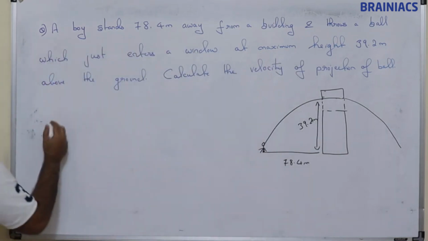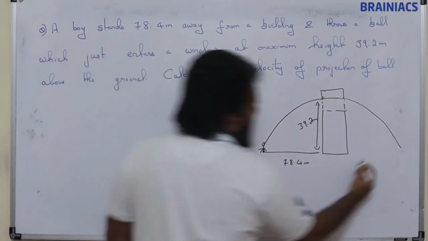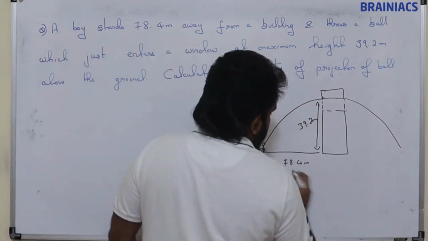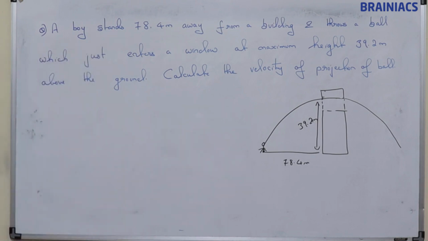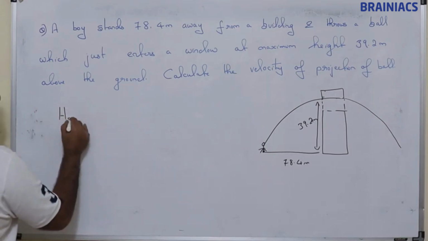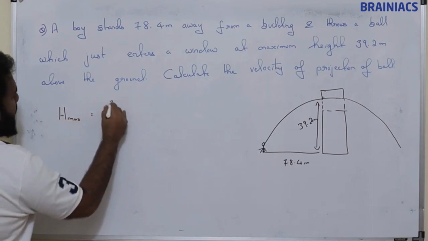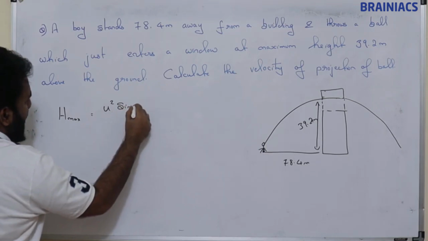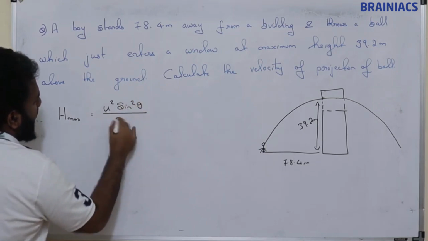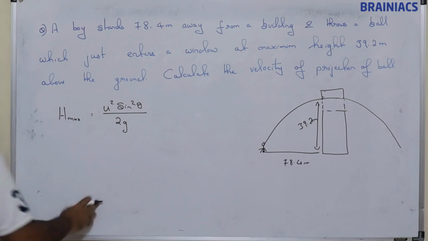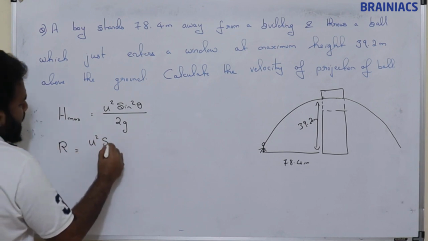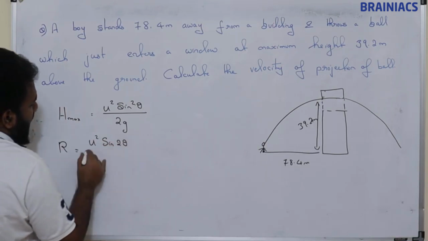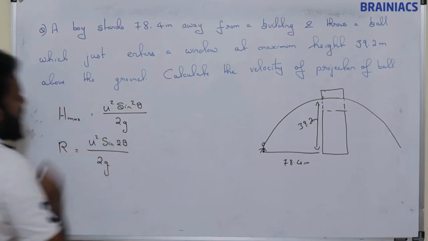So here actually the range is going to be how much? 78.4 into 2, and maximum height is 39.2. So with those details we will be able to find it. So H max is u square sine square theta divided by 2g, and range is going to be u square sine 2 theta divided by 2g.